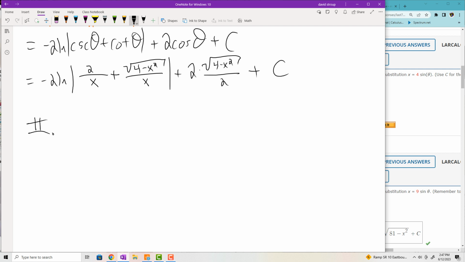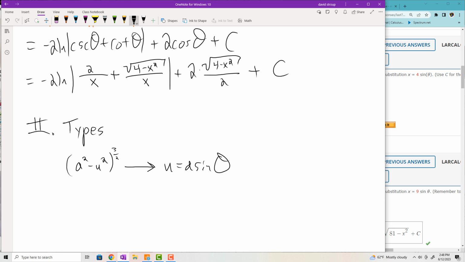Anyways, there's three types of substitutions based on the form inside your radical or your cube root or whatever. If you see an a squared minus u squared inside some sort of root, maybe like the 3/2 power, you're going to let u equal a sine theta.